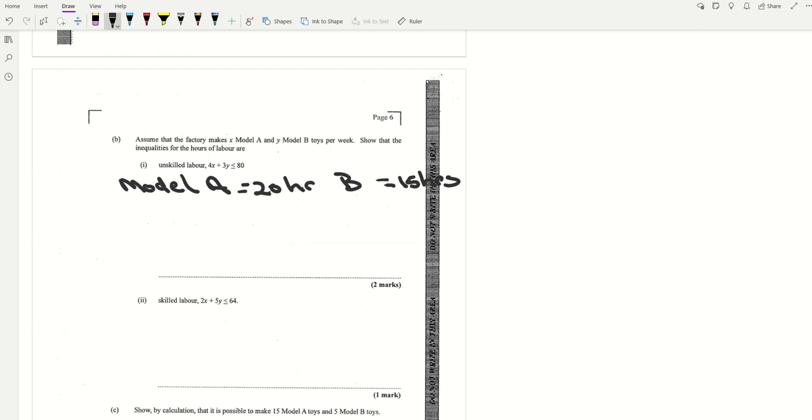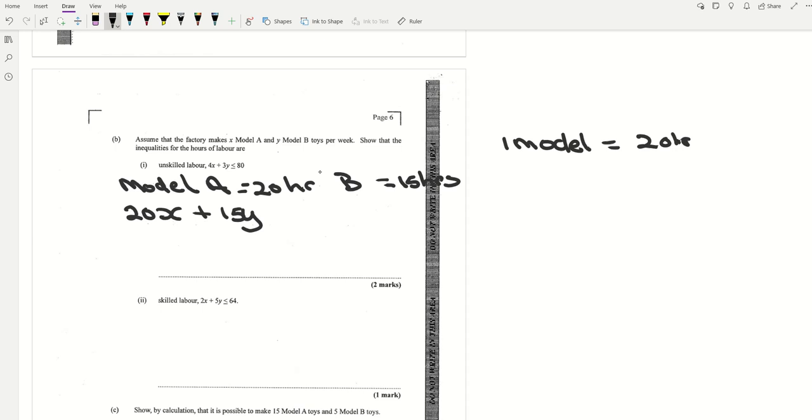Now they told you that the number of models is X. So your total number of hours would be 20X plus 15Y. How did I get 20X and 15Y? One model is equal to 20 hours.